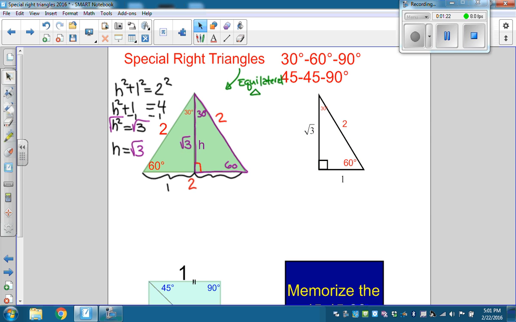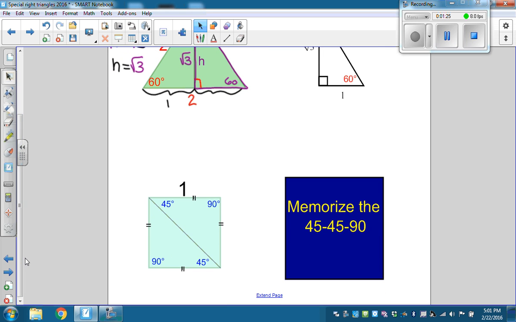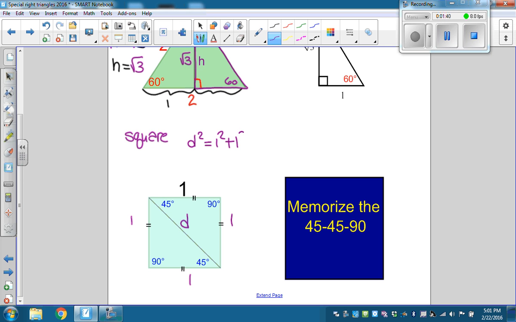Similarly, there's a second special triangle that comes from the square. If you make the sides of a square 1, by Pythagorean theorem, you can find the diagonal. D squared is equal to 1 squared plus 1 squared, which is 2.